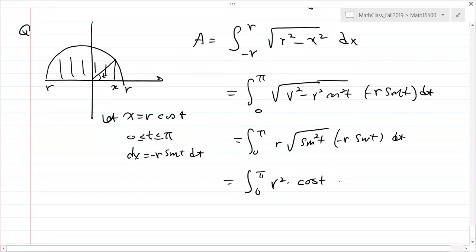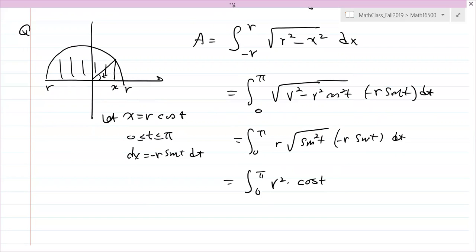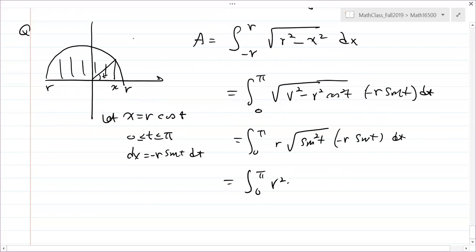So we have sine t times negative sine t, that is negative sine squared t dt.